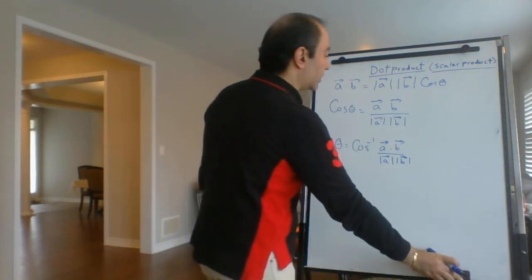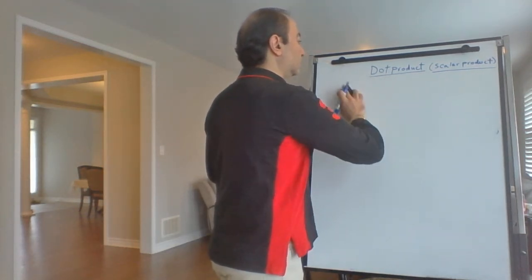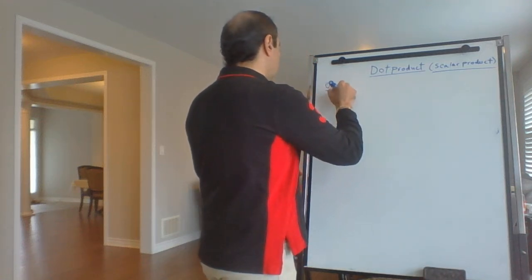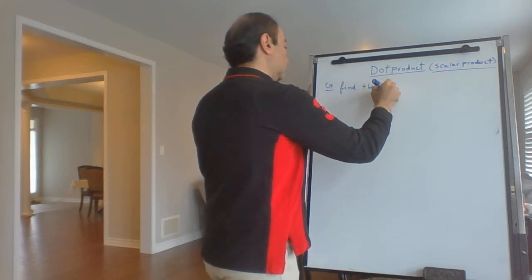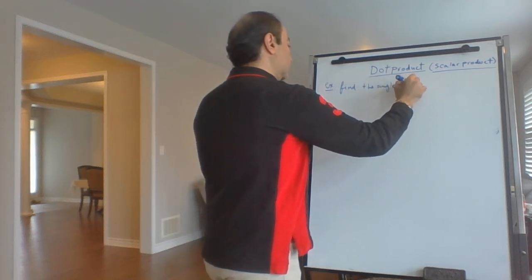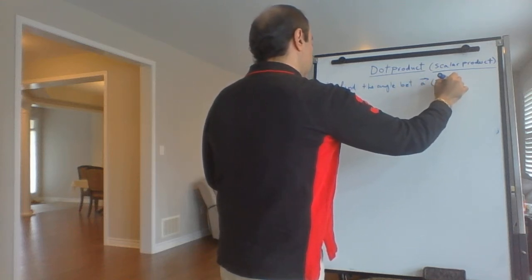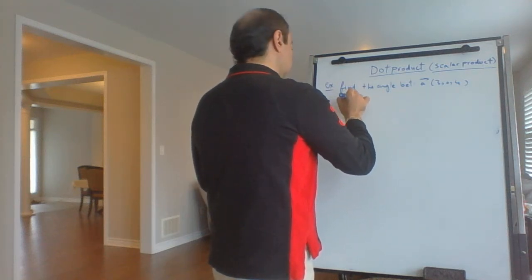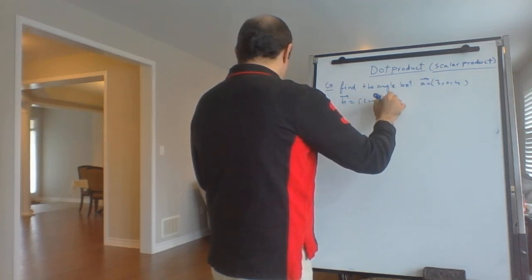All right, so let's have an example. Find the angle between A, which is 3, 0, 4, and B, which is 2, negative 1, and 3.